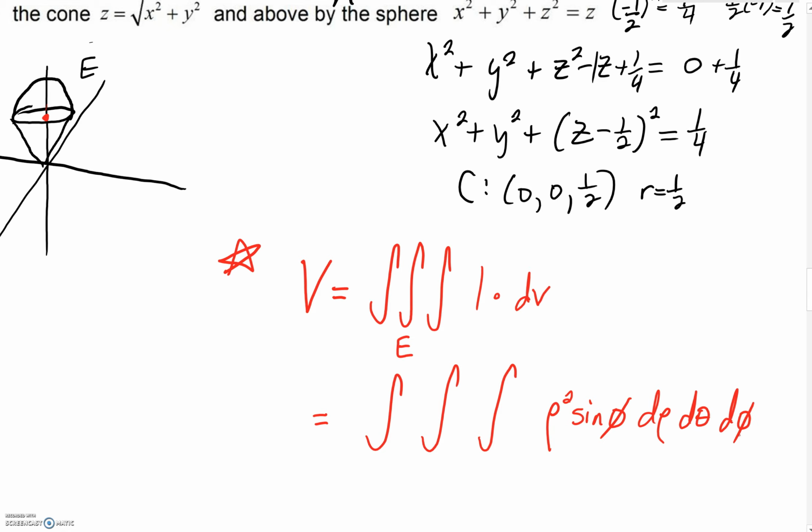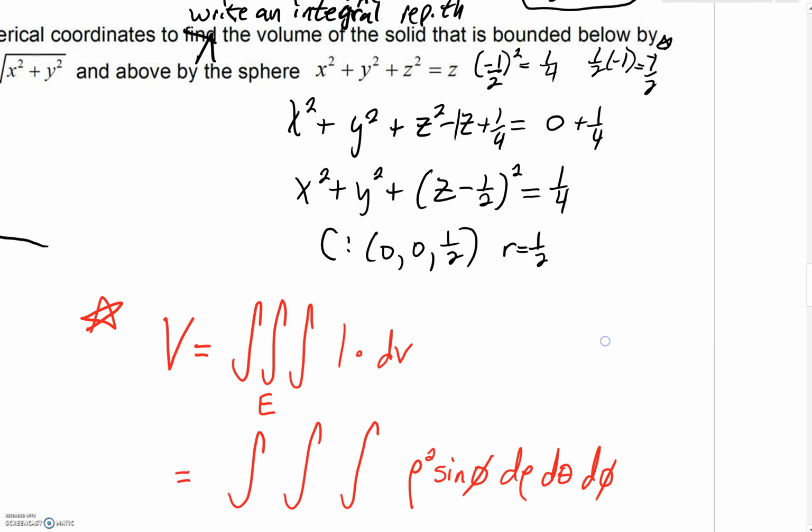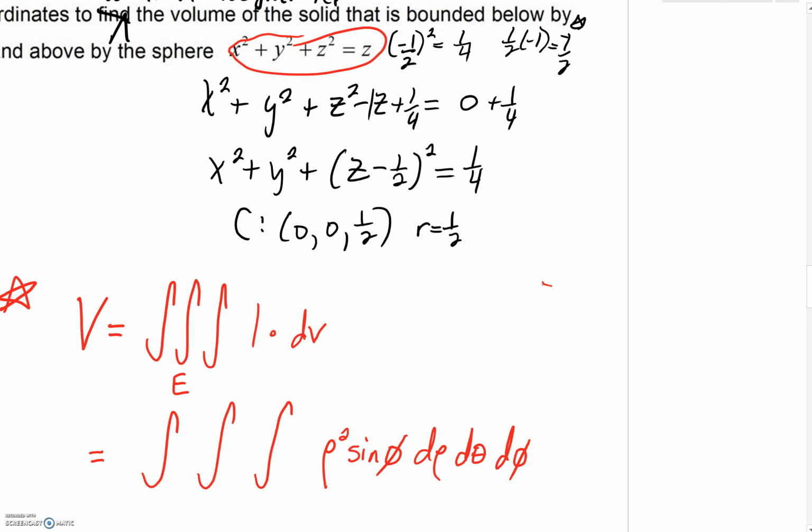As we're looking here, maybe we should look really at the top with that sphere, and the original equation, x squared plus y squared plus z squared equals z. Let me just do a little bit of work off to the side here.